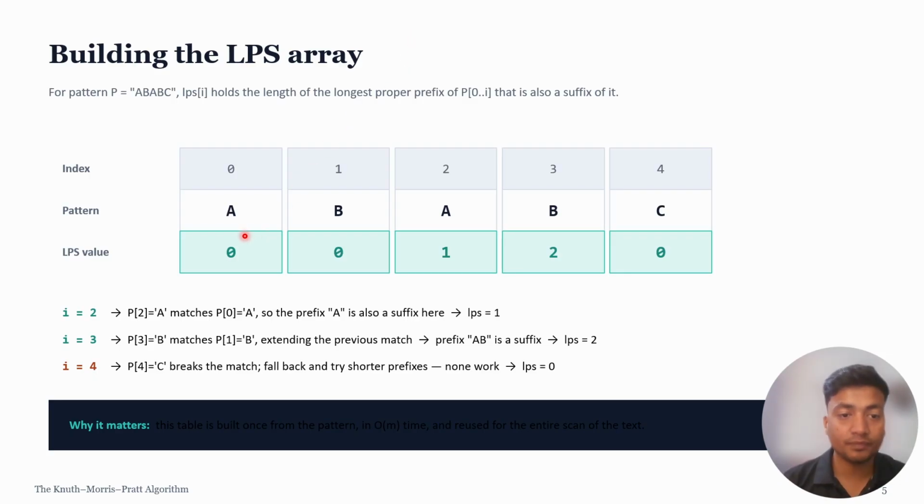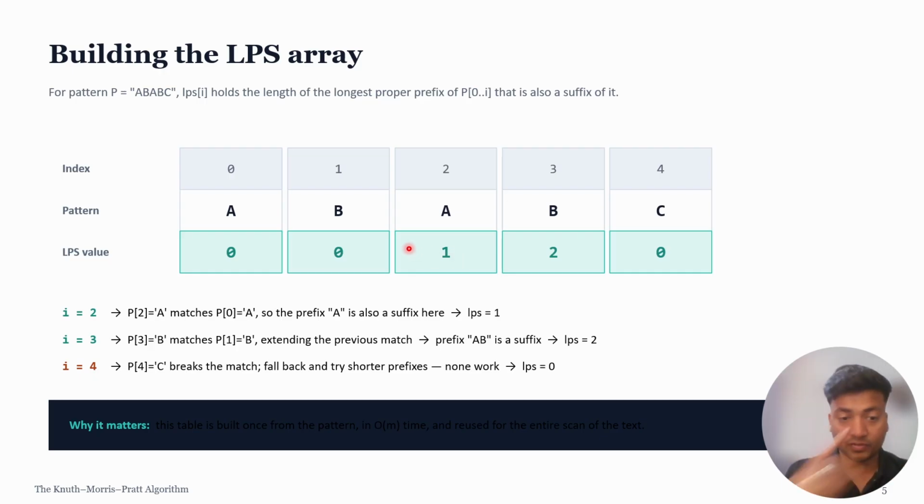For example, let us take one example, ABABC. The first A has LPS value 0. At index 1, the prefix A is also a suffix, so LPS is 1.